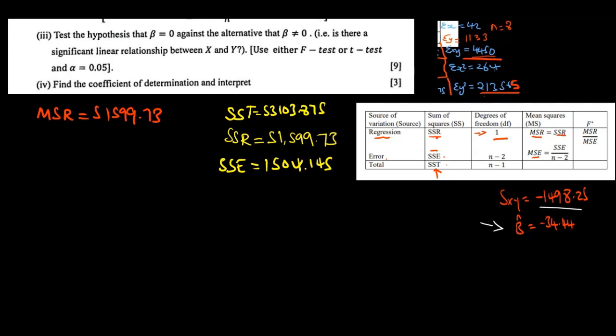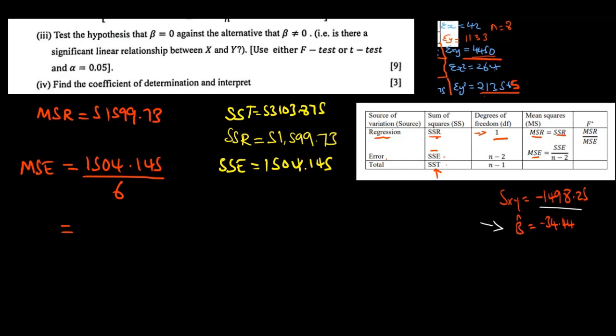Right, and then from there we're going to find our mean square error. So our mean square error is given by the error sum of squares, 1504.145, divided by n minus 2. So n is 8 and then minus 2, that is 6. So let's divide that number by 6.